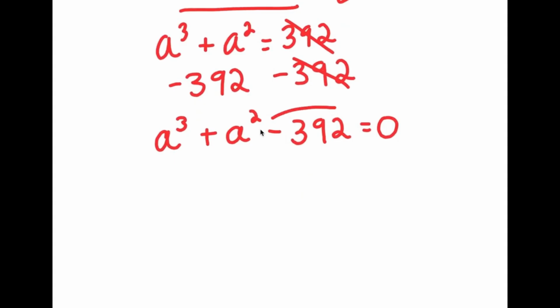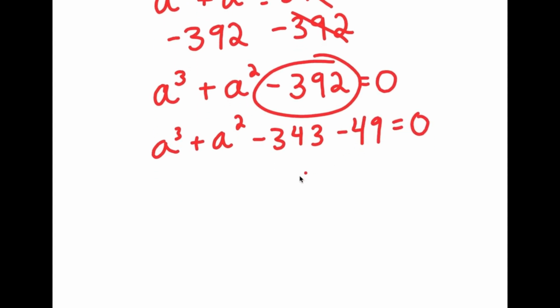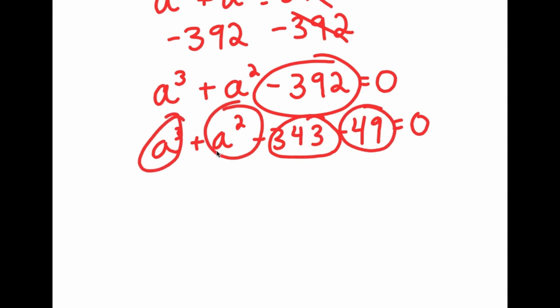Now from here, I can rewrite negative 392 as negative 343 minus 49. The reason I did this was because 343 is something cubed, and 49 is something squared. And notice how we have something cubed, something squared. So I'm going to change the order of this.